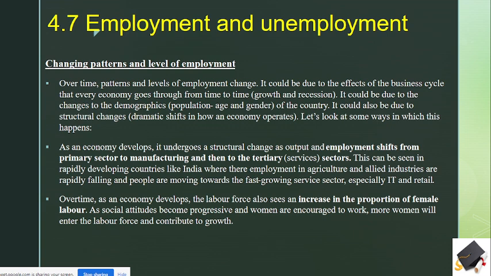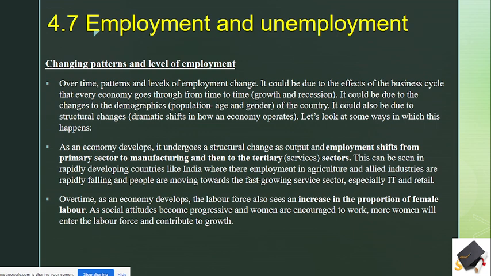Before 2020, people were willing to switch from one job to another. But at the moment, because of the recession due to COVID, people are sticking to one job. So this is the first thing: the pattern has changed.